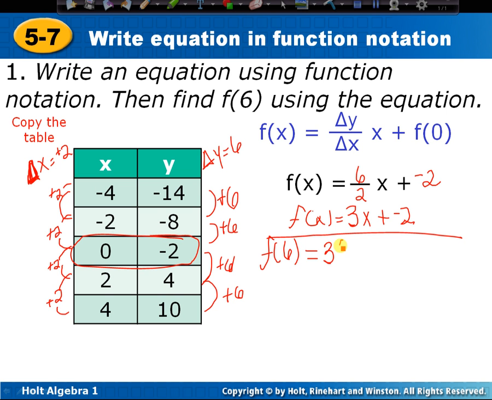So that's going to give me 3 times 6 plus -2. 3 times 6 is going to give me 18. I'm going to change my plus -2 to -2. And then my final answer here, 18 minus 2, is going to give me 16. So f of 6 equals 16.